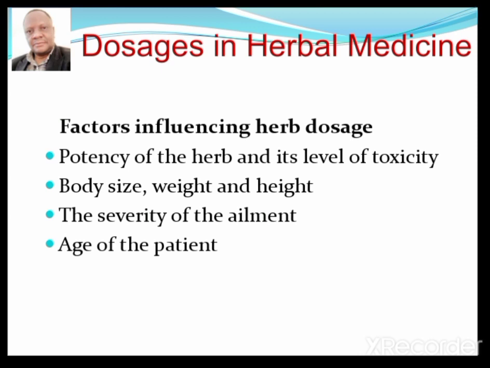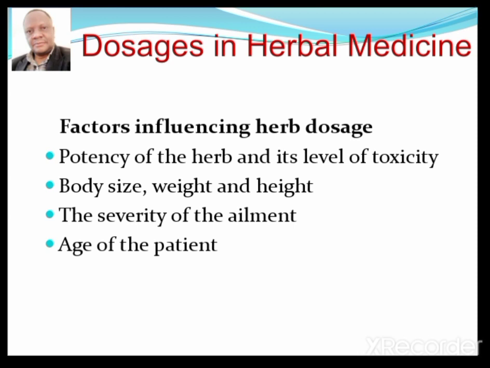Then the age of the patient is also a factor. Even if the person is very tall and weighs so much, but is a child, obviously the quantity that must be administered will be minimal. These are factors that naturopaths take into consideration before prescribing herbal remedies.